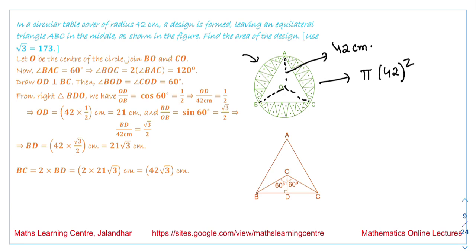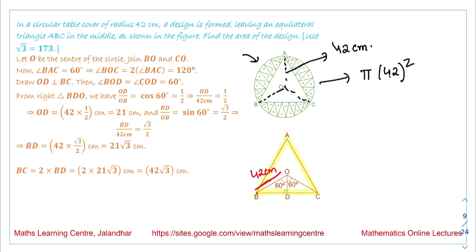Now to find the area of this equilateral triangle, we look at this triangle ABC. We have joined B and C to this point O, then the angle at the center over here is of measure 60 degree. This OB length is given to be 42 centimeter.